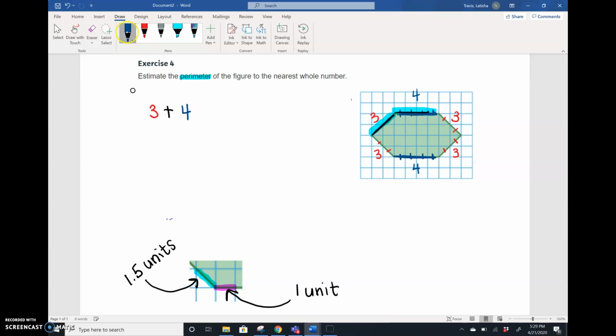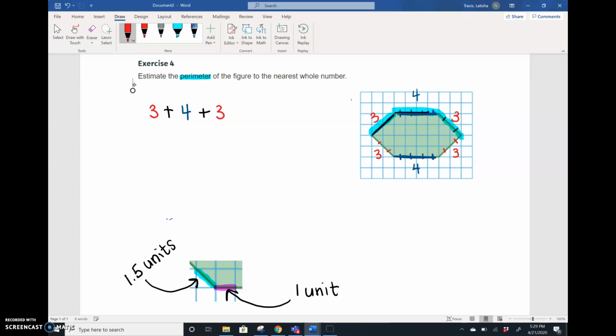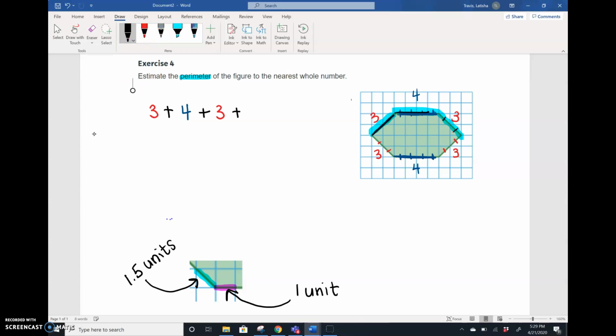So that's 4 units, plus this length right here, that's 3 units, plus this next 3 units in length.